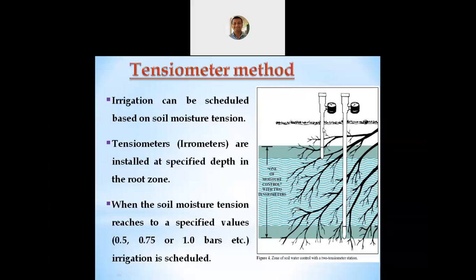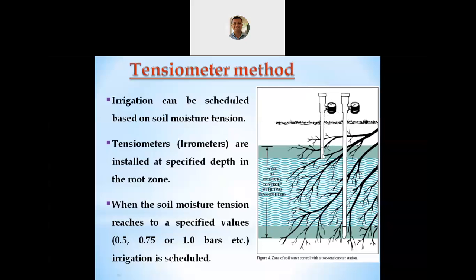Since the tube is sealed with a cap on the top, the tube will tend to develop some kind of pressure inside it, which is then recorded with the help of this pressure gauge, and it is measured in centibars. The gauge has a unit from 0 to 100 centibar, which is equivalent to 0 to 1 bar.